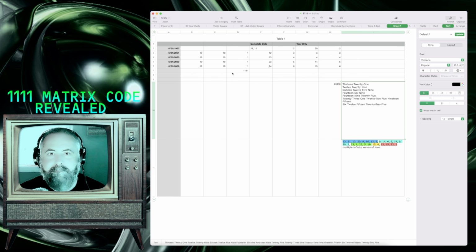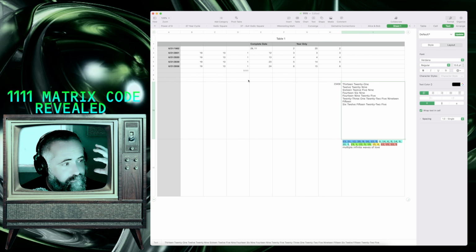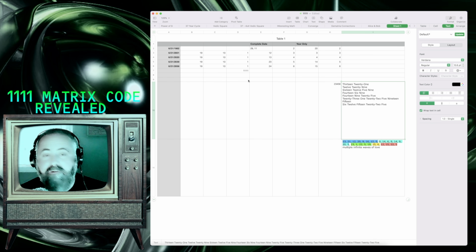Think about it. It's a crazy message. But again, what are the chances? It just seems impossible for this to be an accident. For these dates to have this 19-year cycle that brings us back to 1111, the number that I've been seeing ever since 2014, after this massive bright white light was just shown in my face while I was trying to sleep.